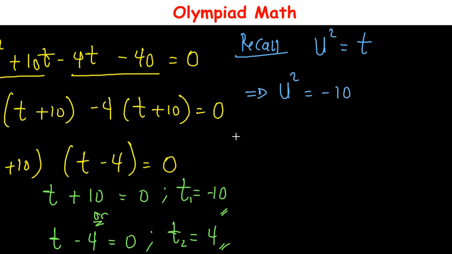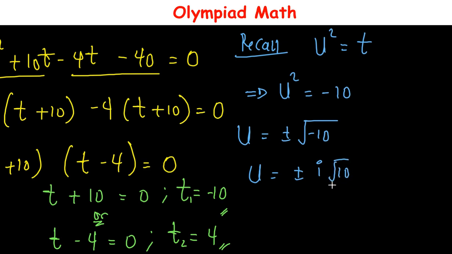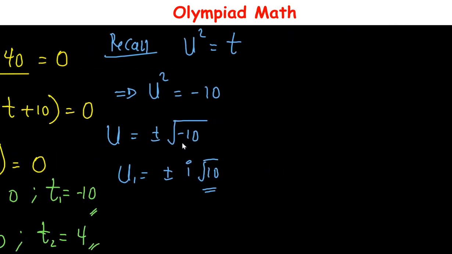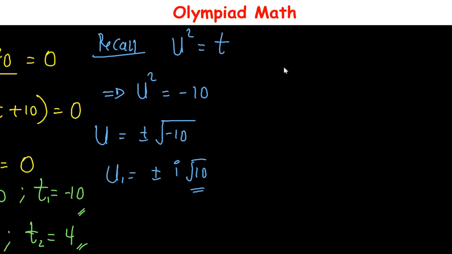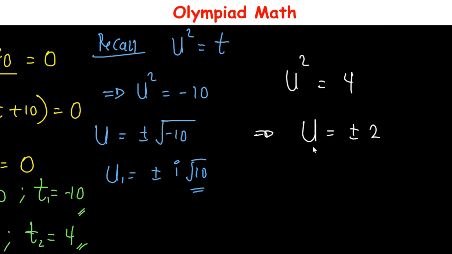If we square root both sides, u is equal to plus or minus square root of minus 10, and u is equal to plus or minus i times root 10, for the first value of u when t1 equals minus 10. Next, for t2 as 4, we have u squared equal to 4. If we square root both sides, u is equal to plus or minus 2, the second value of u.